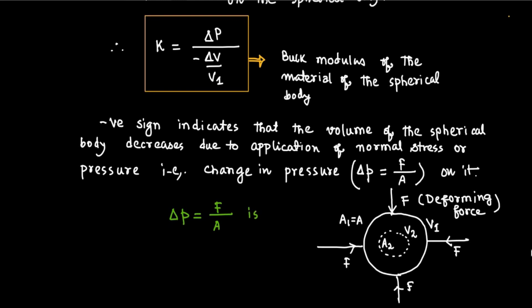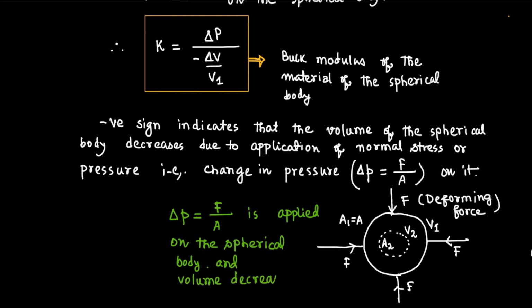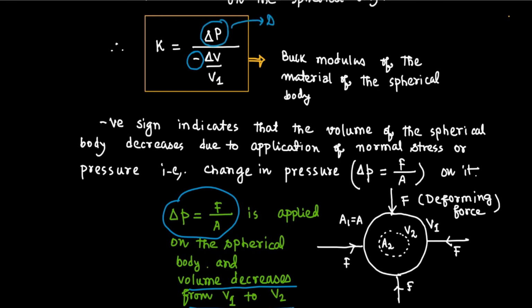Delta P equals F by A is applied on the spherical body, and volume decreases from V1 to V2.